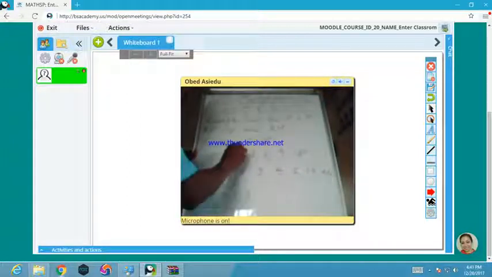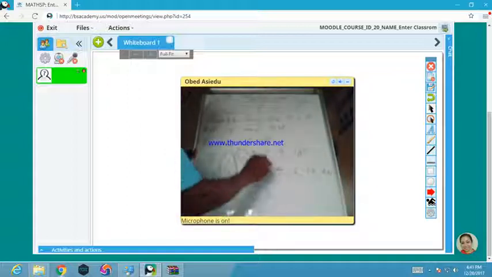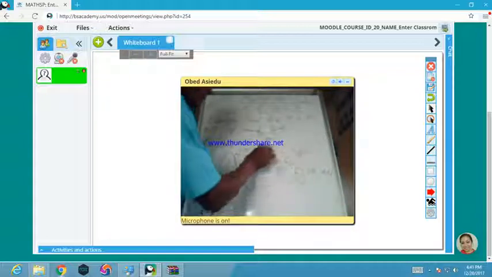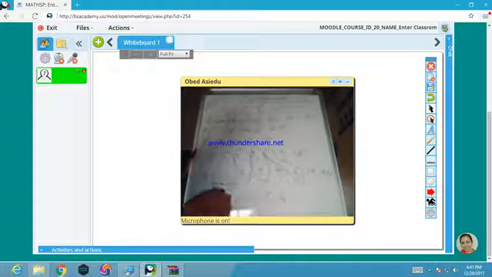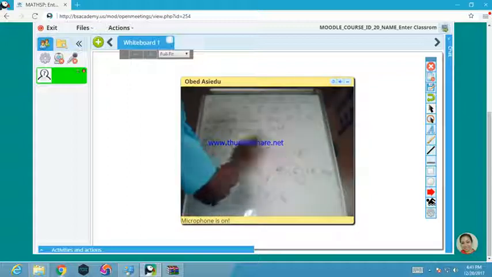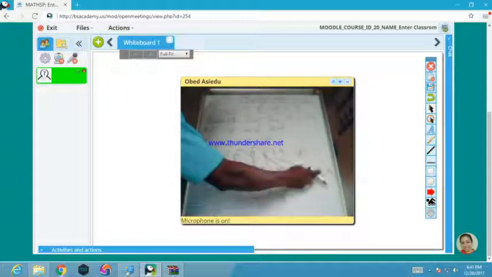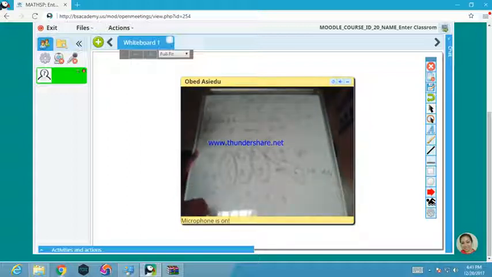Now the common factors are 1, 2, 3, and 6. 9, 18, 4, 12 and 24 are not common. So the highest common factor, HCF, is 6. This is one method of doing it.